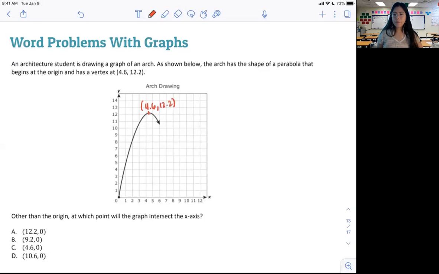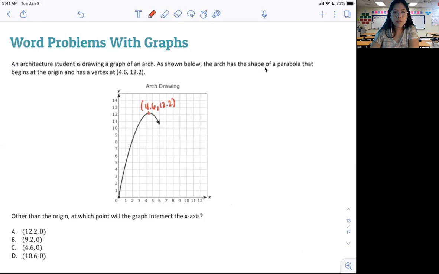All right, 15 seconds, pick your best guess. There's a few different ways to do this one. All right, 5, 4, 3, 2, 1.